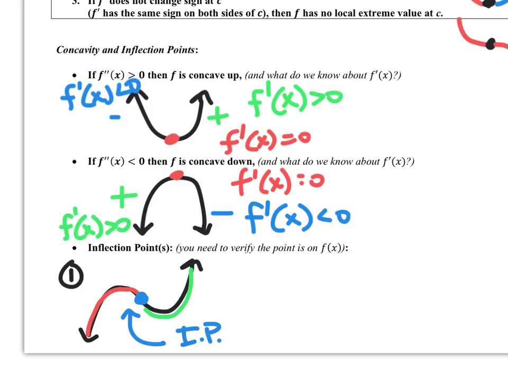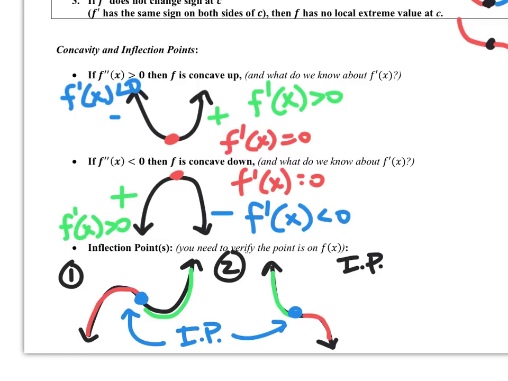A second example would look like this. Again, concave up here on the left side until this point, which also is an inflection point, and then concave down from there on out. Inflection points have two requirements.